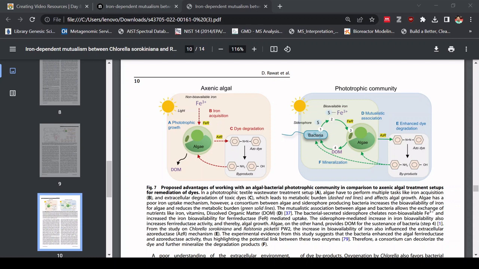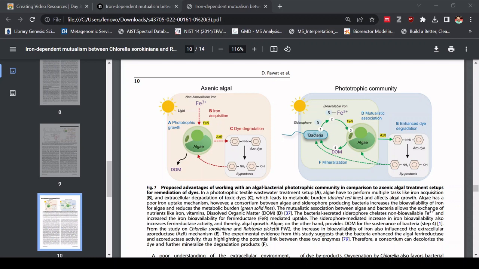But in my research, I designed a community which has microalgae and bacteria growing together, and they are facilitating each other's growth. Bacteria in this design, as you can see on the right hand side, is helping algae in some way, and algae is also helping bacteria in some way.